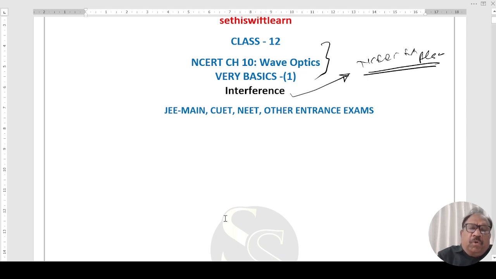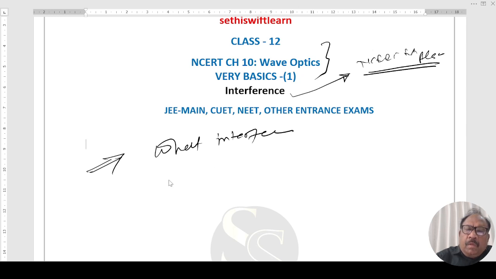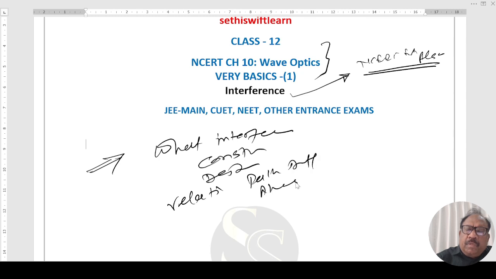In today's session, we are going to discuss what is interference, what is constructive, what is destructive, and what is the relation between path difference, phase difference, and time.